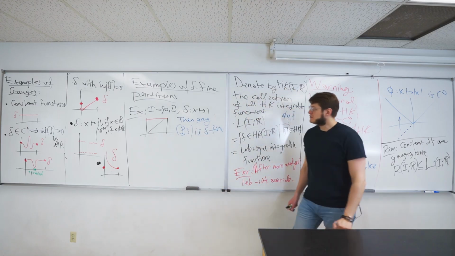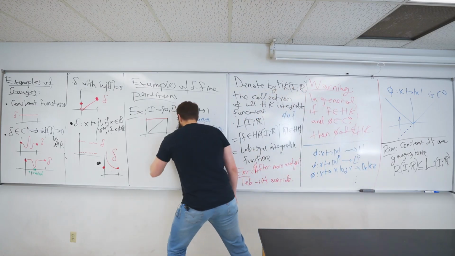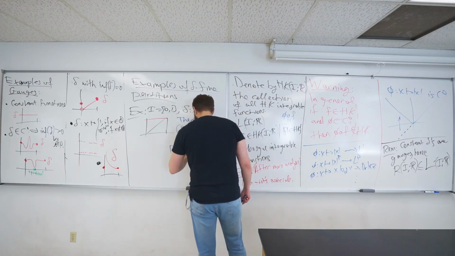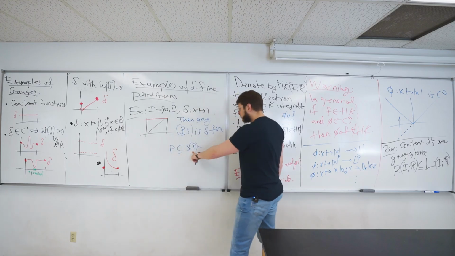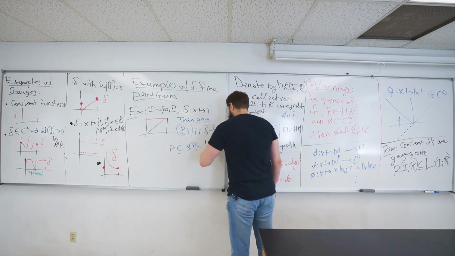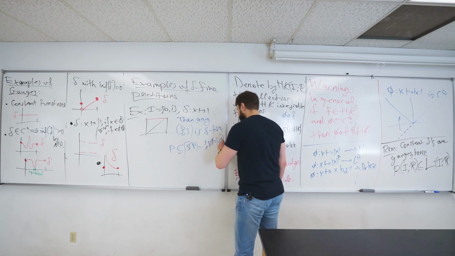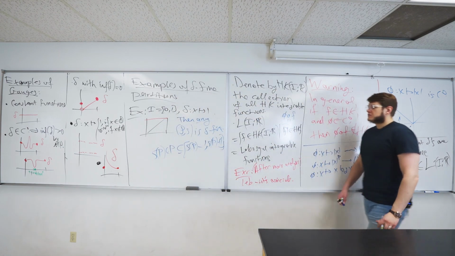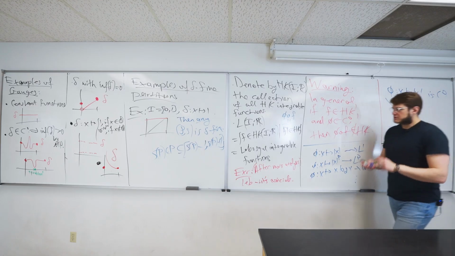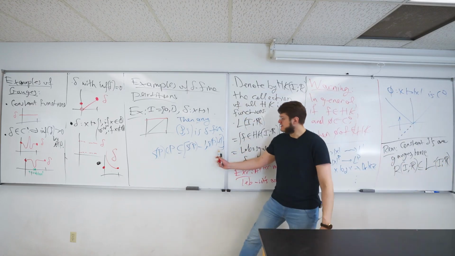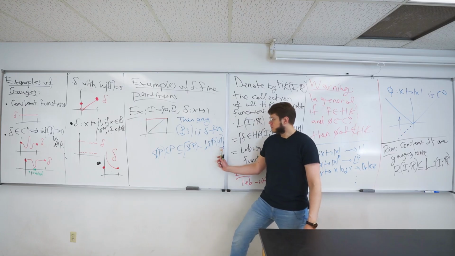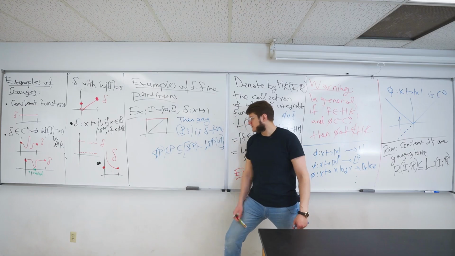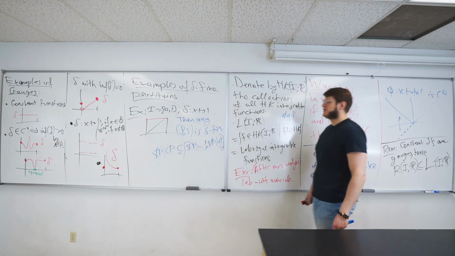Why is that? Because ultimately, I'm going to want that the pixel P is inside the interval from S of P minus 1 to S of P plus 1. But I also know that the sampled point has to be in this pixel. This is an interval of length 2.